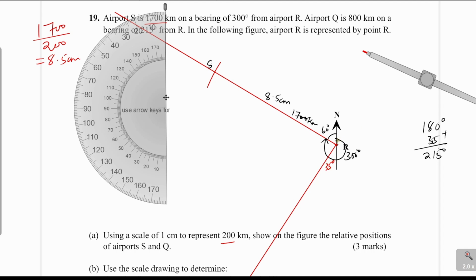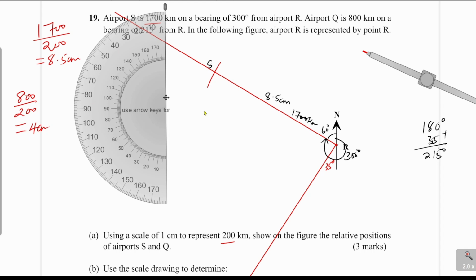So just look at it, 180 plus 35, that is what you get, 215. Then that distance is 800 kilometers. So how many centimeters am I going to measure? 800 divided by 200, that will be exactly 4 centimeters.